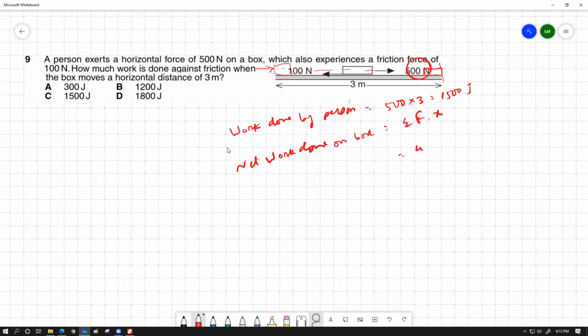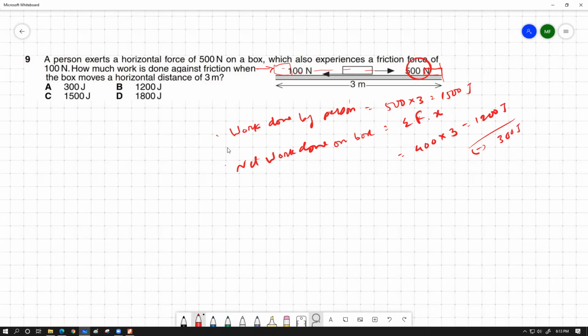So that would be 400 multiplied by 3 gives you 1200 joule. And if you do the subtraction, that basically gives you the work done against friction or energy loss due to friction. Work done against friction is basically another way of saying energy loss due to friction. That would be 300 joule. That's as simple as that. This one is understandable. It should be.